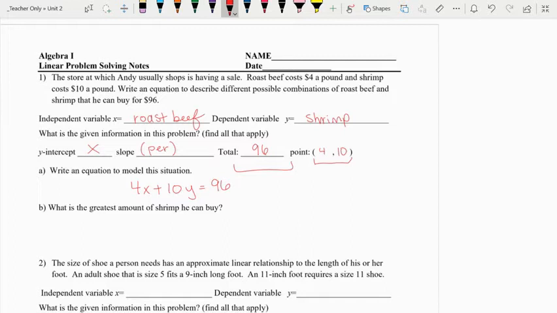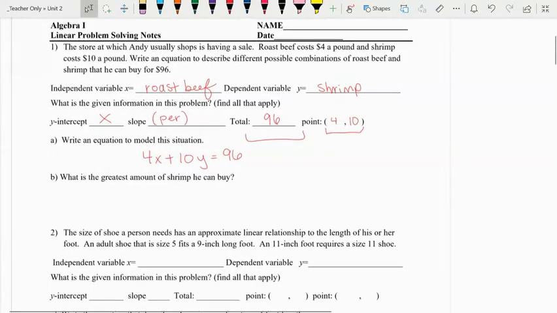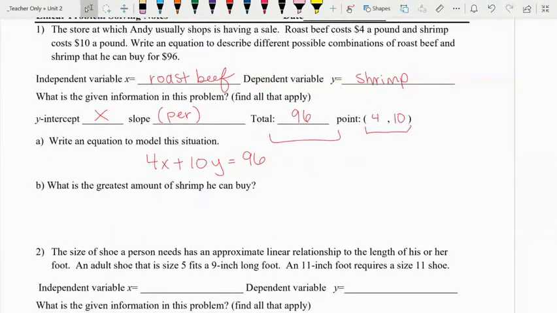Because what is the greatest amount of shrimp you can buy, right? So obviously he wants to buy a little bit of each, but actually, it doesn't tell me that I have to buy some of each. So in reality, what it's asking is if I buy no roast beef, how much shrimp can I buy?